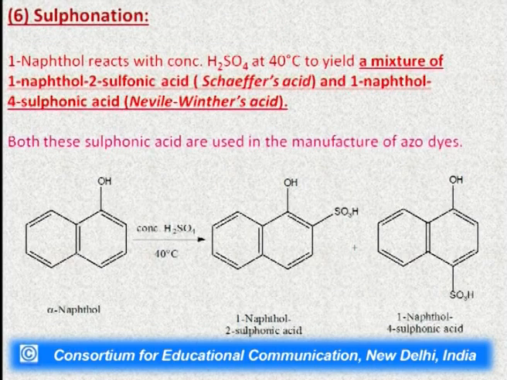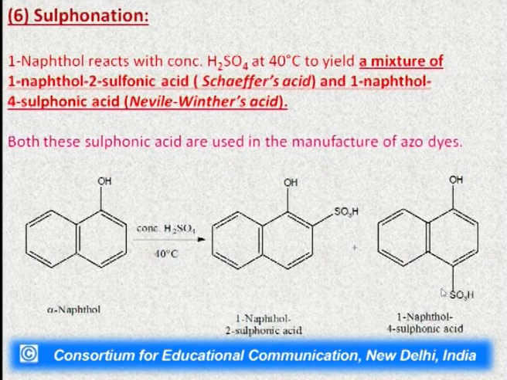Now comes the sulphonation reaction. 1-naphthol reacts with concentrated sulfuric acid at 40 degrees centigrade to give us a mixture of 2 products. One of them is 1-naphthol-2-sulfonic acid, which is also called Schaeffer's acid, and 1-naphthol-4-sulfonic acid, which is called Neville-Winther's acid.